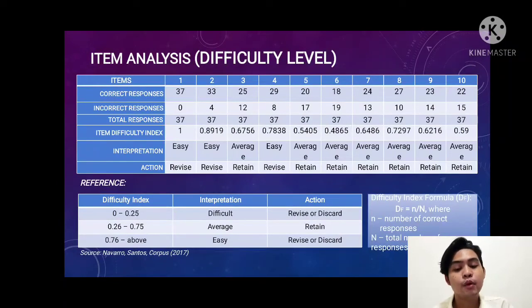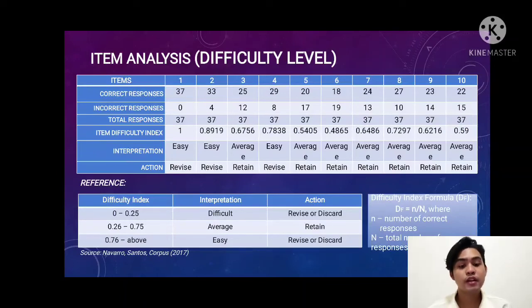Item number 1 has 37 correct responses with 0 incorrect responses, and its item difficulty index is 1 with an interpretation of easy, and its action is revise. Item number 2 got 33 correct responses with 4 incorrect responses, and its item difficulty index is 0.8919 with an interpretation of easy, and the action should be revise.